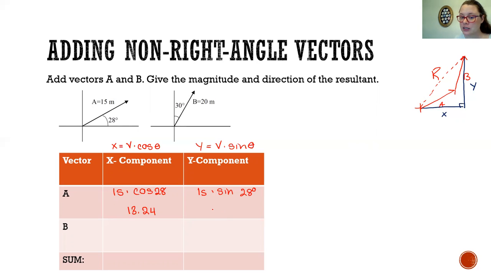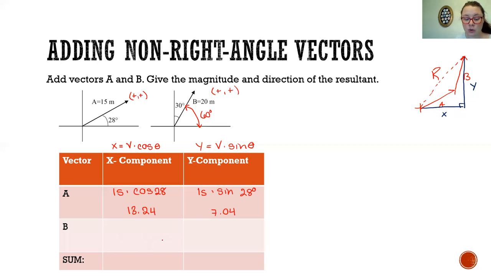And we get 7.04. Both of them are positive, but we would expect to get positive and positive in the first quadrant. That's normal. For vector B, we should also get positive and positive. We've already looked at vector B before, and we've said vector B is not measured from 0, so we need to correct the angle, and we need to use this angle here, which is 60 degrees.